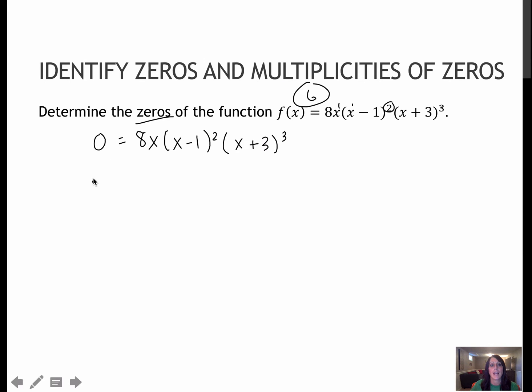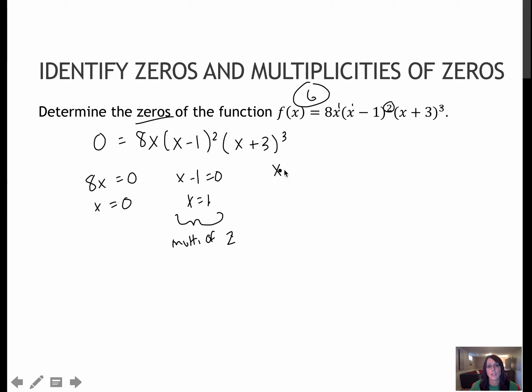Now if I set 8x equal to 0, I divide each side by 8, I get x is 0. If I set x minus 1 equal to 0, I would add 1 to get x is 1, but there are 2 of them. So that means this solution has a multiplicity of 2, meaning it happens 2 times at x equal 1.